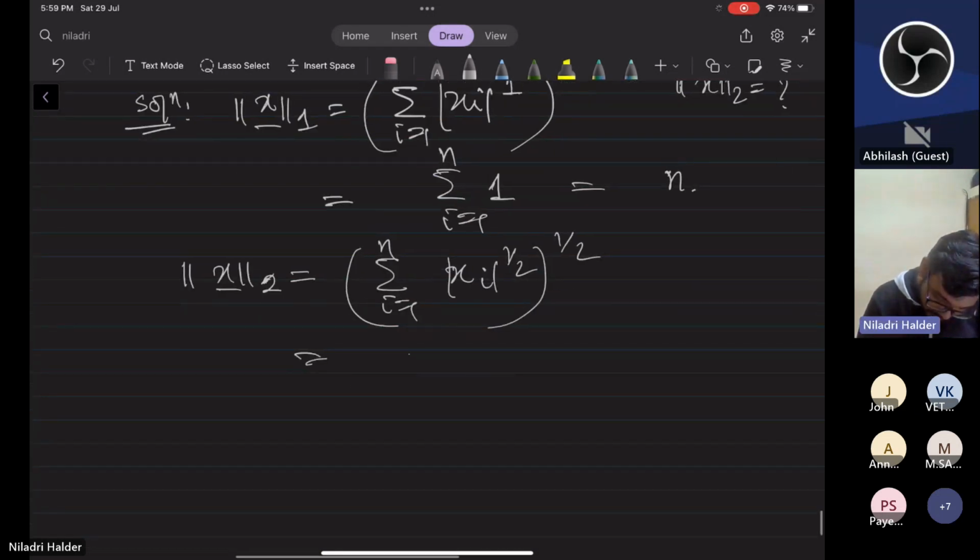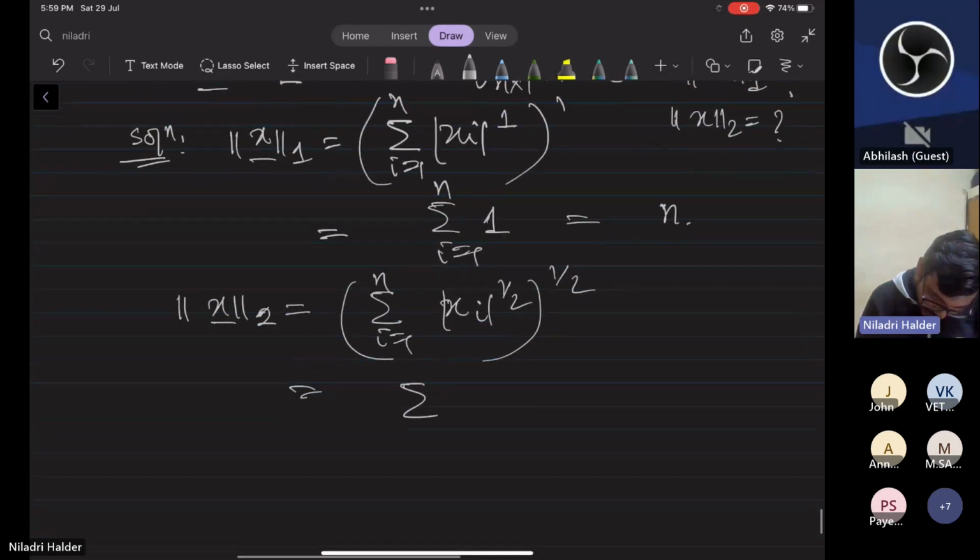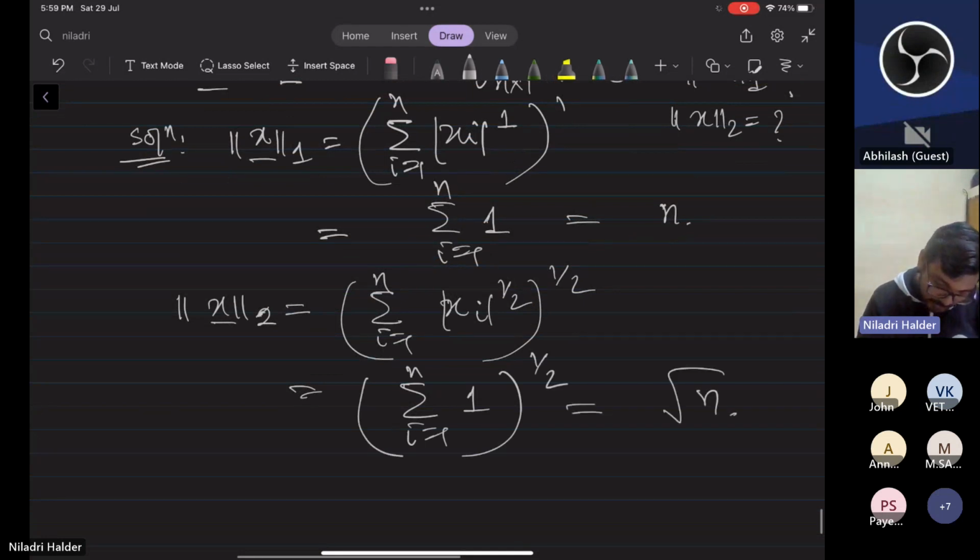That will be the summation of 1 squared, to the power half. It is root n.